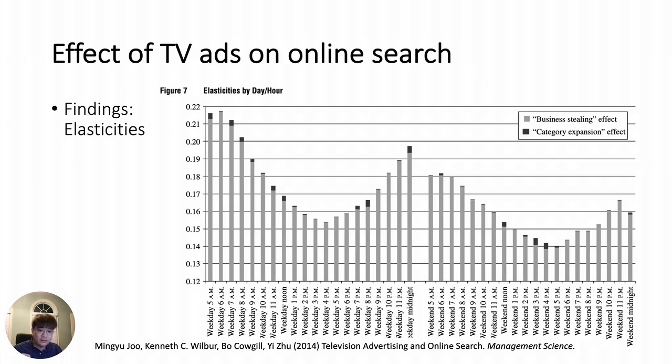The effect is the greatest in the morning and decreases throughout the day before rising again after 5 p.m. and throughout the evening. The effect is slightly higher on weekdays than on weekends.